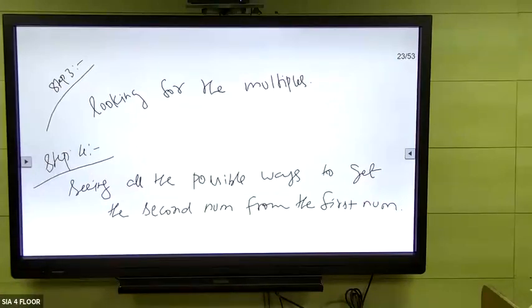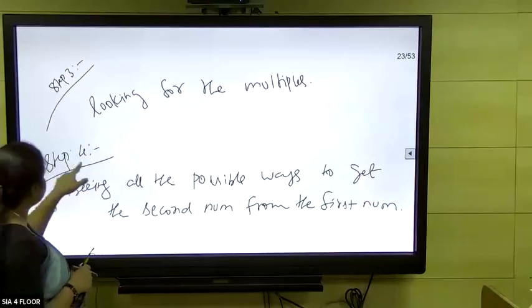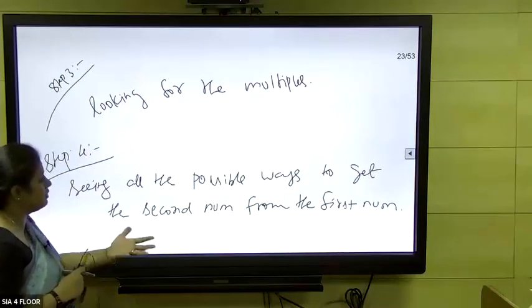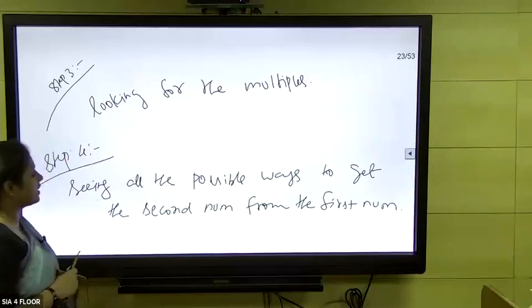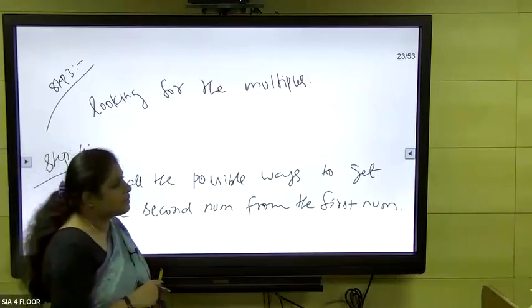All right. Okay. So step number 3 is looking for the multiples. I'll explain that later. And step number 4 is just seeing all the possible ways to get the second number from the first number.